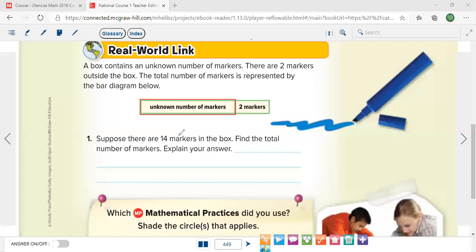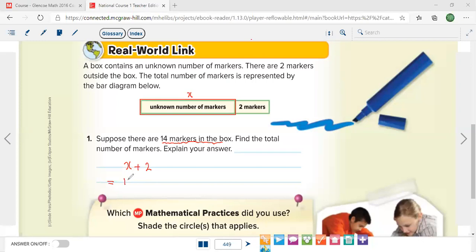Suppose there are 14 markers in the box. Find the total number of markers and explain your answer. At first we are going to say the unknown number is x. So we have x plus 2. But in the second step, we know that this x is 14, because suppose that 14 markers are in the box.